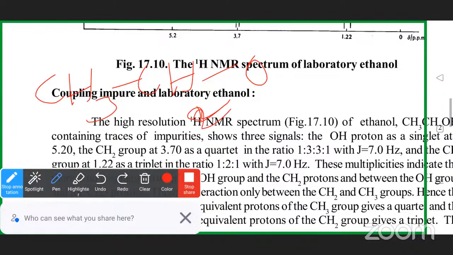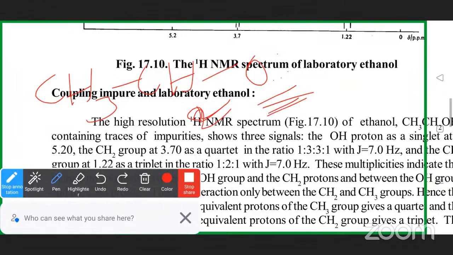The OH proton reacts with the impurities and is exchanged with them. So the OH proton escapes, and there is no proton attached to this OH group.